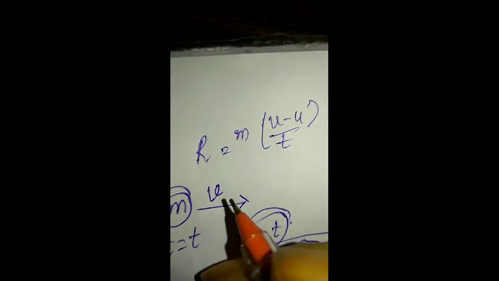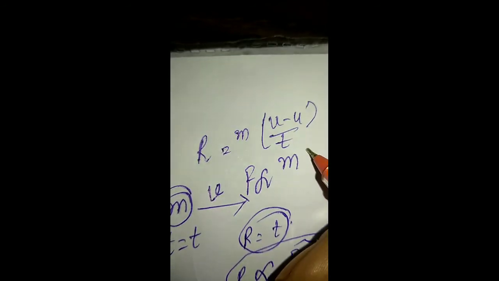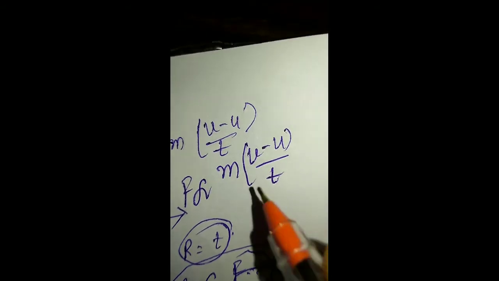Now what is rate of change of momentum? Directly proportional to f. So f is directly proportional to m (v minus u) by t. That is from equations of motion. First equation of motion, (v minus u) by t is equals to a.